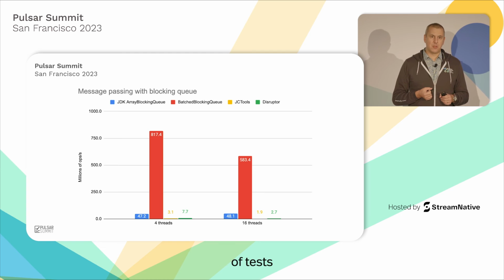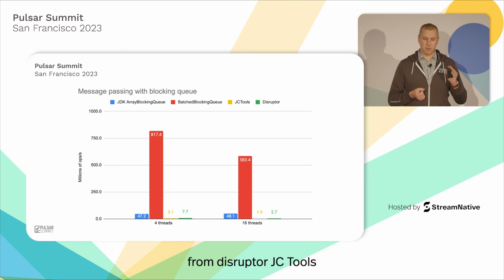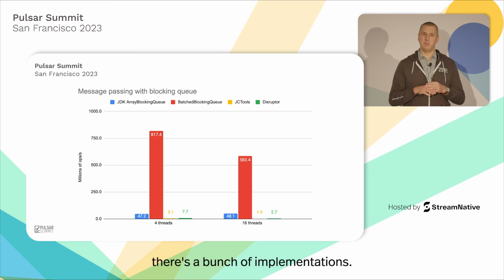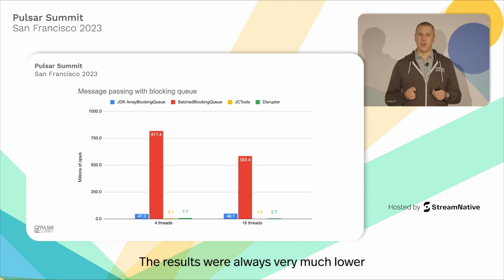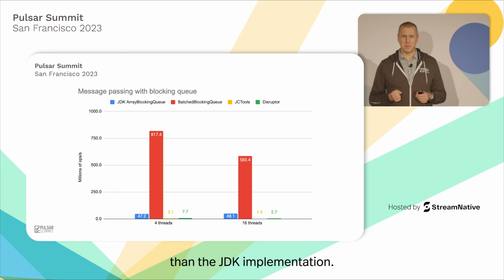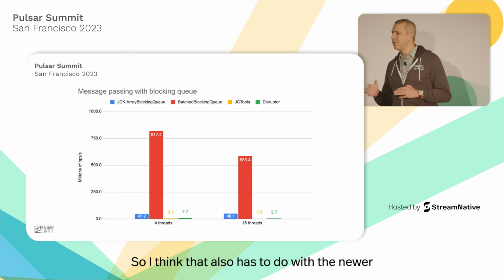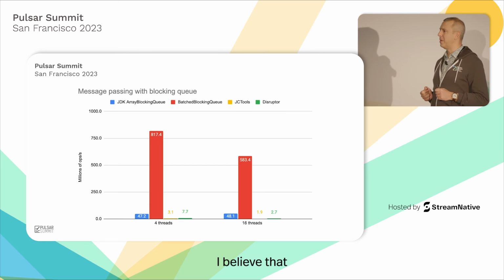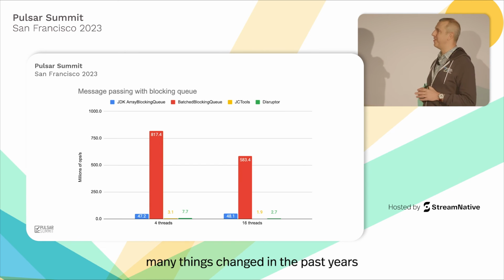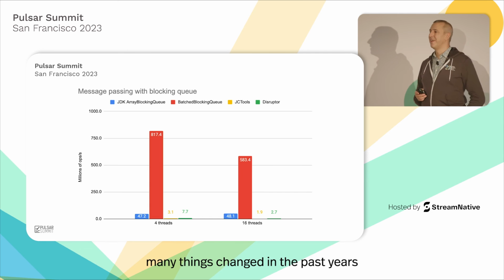We also did a lot of tests with other queue implementations from Disruptor, JCTools. There's a bunch of queue implementations. The results were always very much lower than the JDK implementation. So I think that also has to do with the newer JVMs. I believe that many things changed in the past years around this.